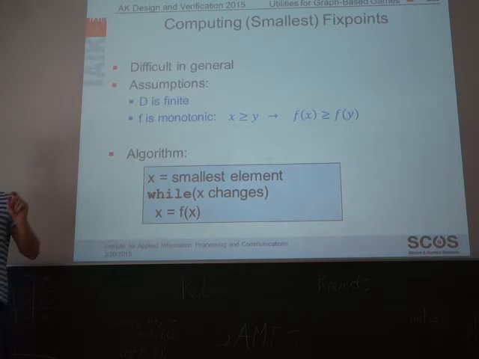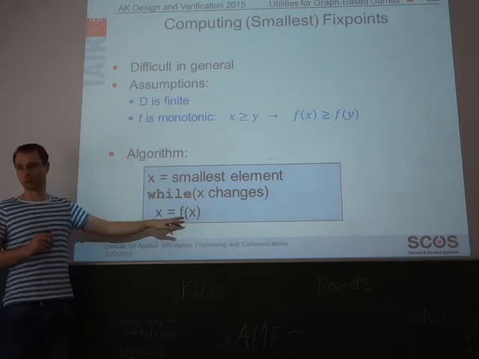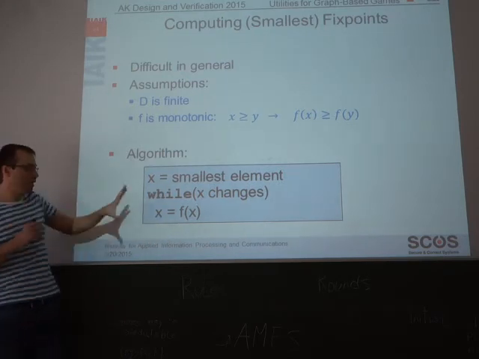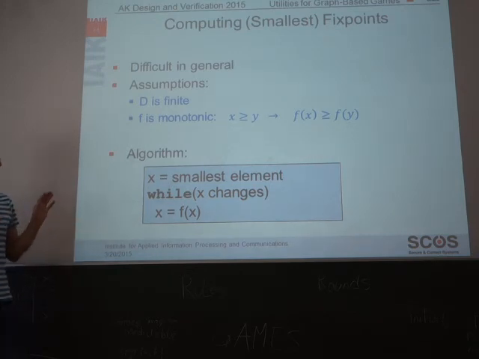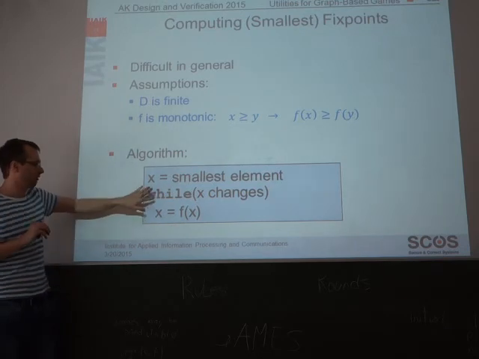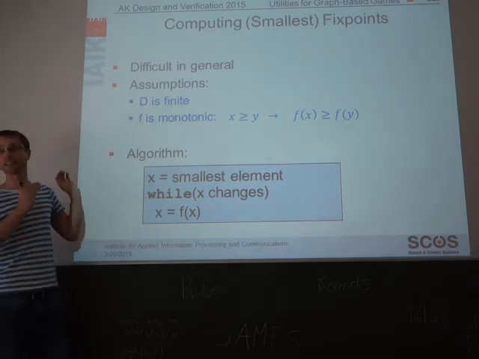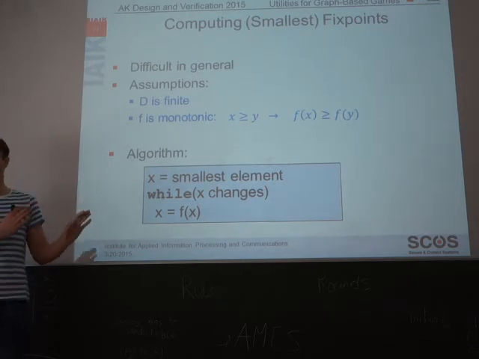As long as x changes, we keep repeating. So if we stop repeating, then this just means that x is equal to f of x. So if it terminates, then it will produce a fixed point. This is quite easy to see even without these assumptions, because this loop terminates exactly if x is equal to f of x. So if it terminates, we have our fixed point.